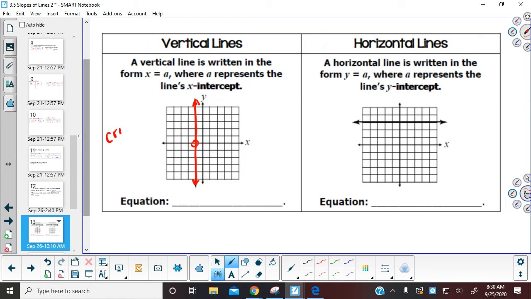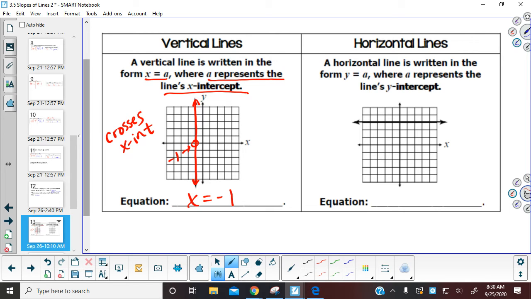So I'm going to put crosses the x-intercept. And if it crosses that x-intercept, your equation is going to be x equals. Now, in this case, your x equals that x-intercept. So notice it says x equals a, where a represents the x-intercept. So here, that value is -1, so our equation is x equals -1.